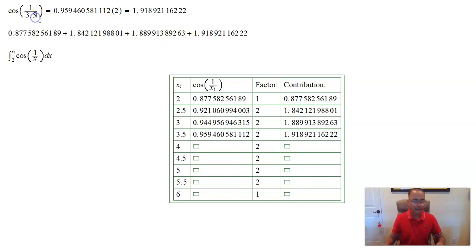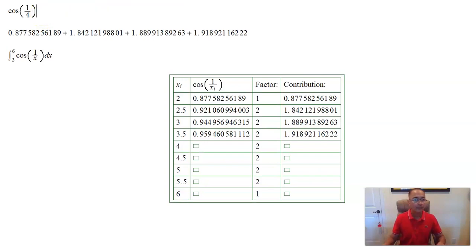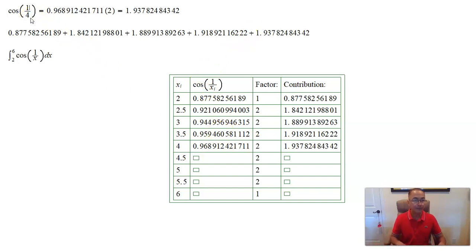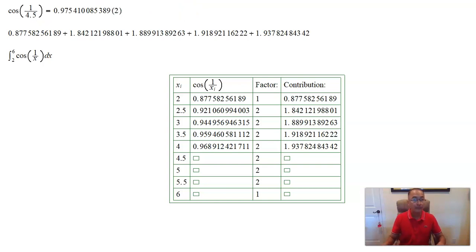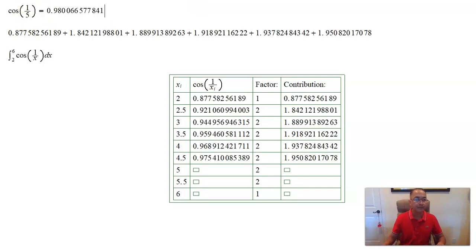Okay. 4, times 2, add them up. 4.5. Five. Are we there yet? 5, times 2.